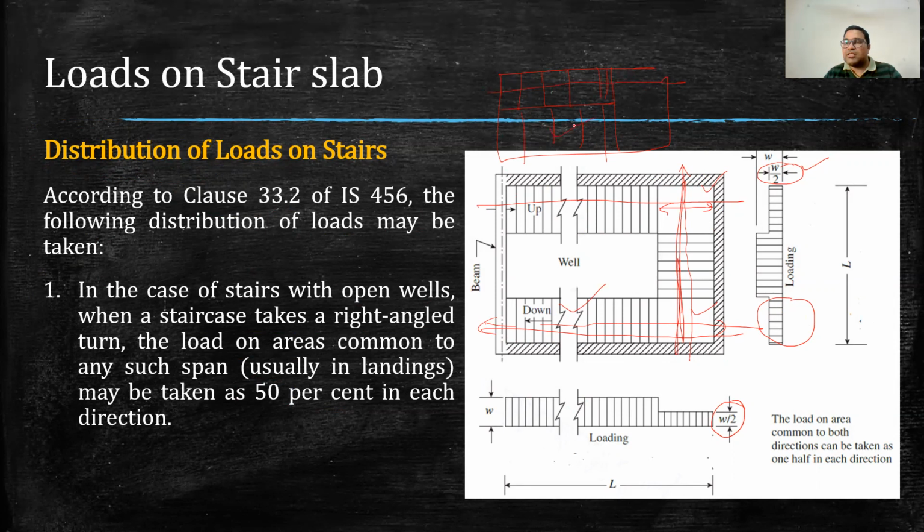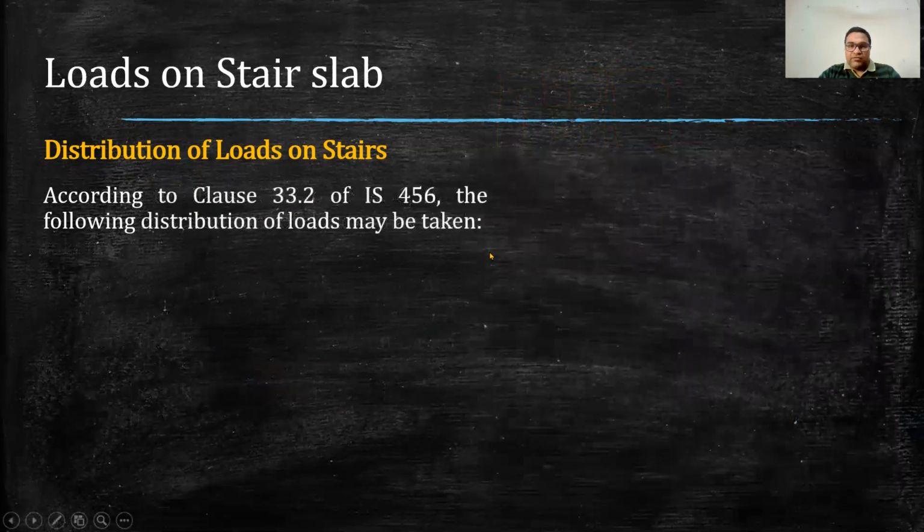This flight is basically identical to this flight. While in this case, this flight and this flight are identical, but there is another flight along this direction. So in that case, we analyze two spans, one for this flight and one for this. So that is the one case.